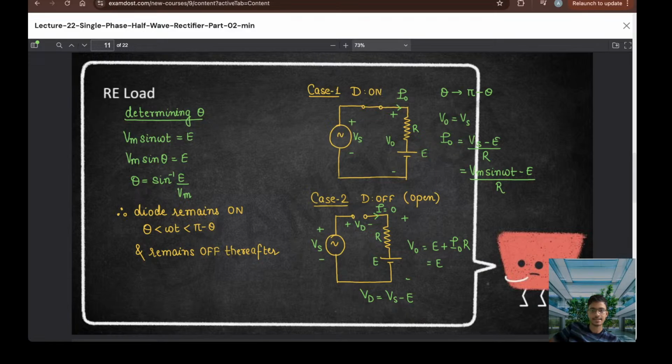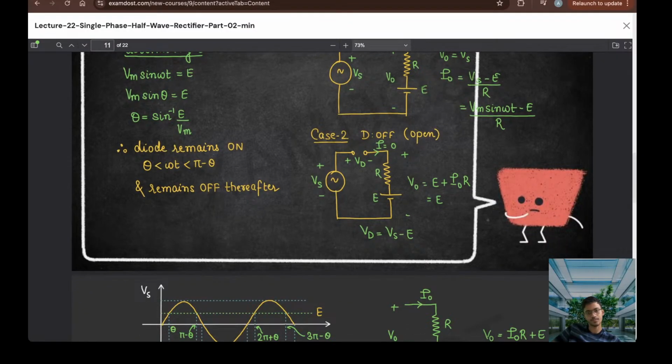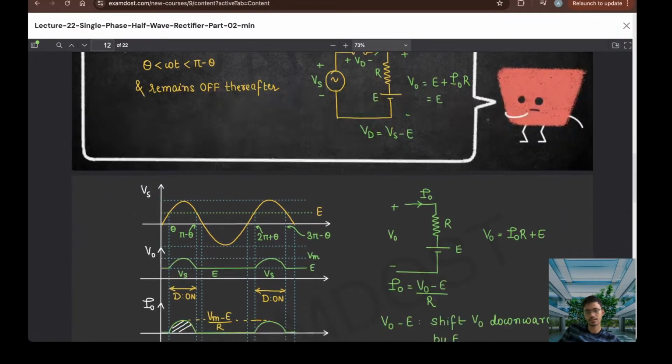The current is Vs minus E by R, and V naught is Vs. When the diode is off, it is an open circuit. V0 would be E, and VD will be Vs minus E, and the current would be 0, obviously.